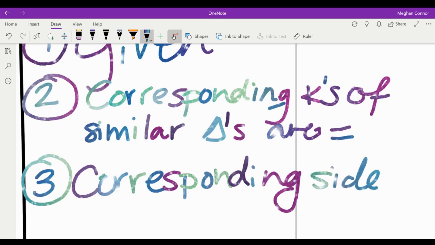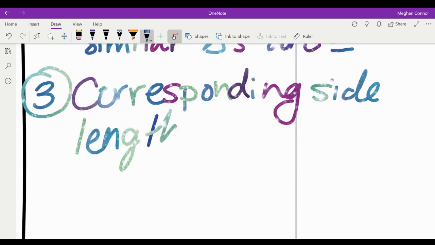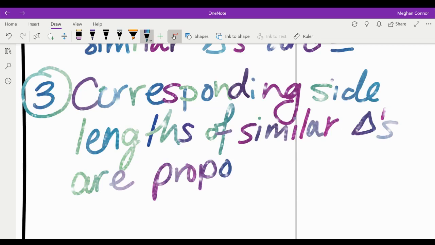Corresponding side lengths of similar triangles are proportional.